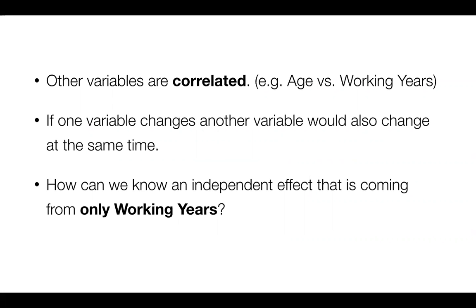That becomes a problem because when one variable, for example working years, increases or decreases, another variable also increases or decreases, because that's what correlation is about. That makes it hard to understand the independent effect of the working years. So the question is, how can we know the independent effect that is coming from just working years?